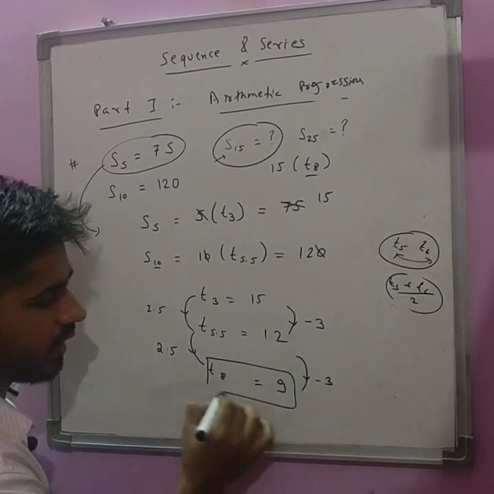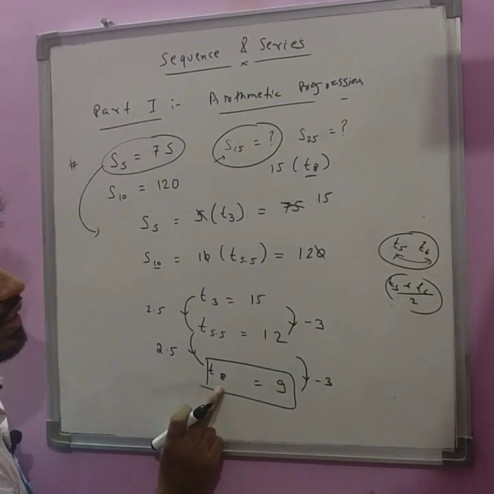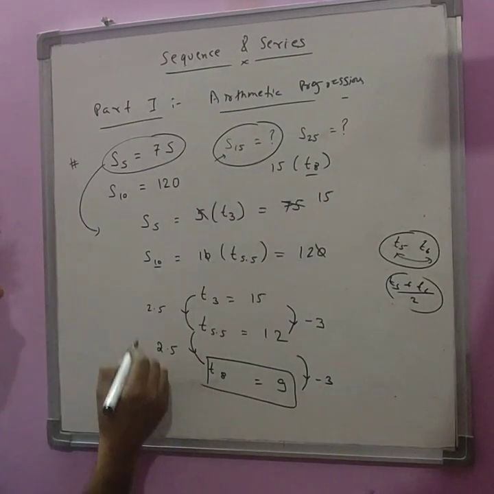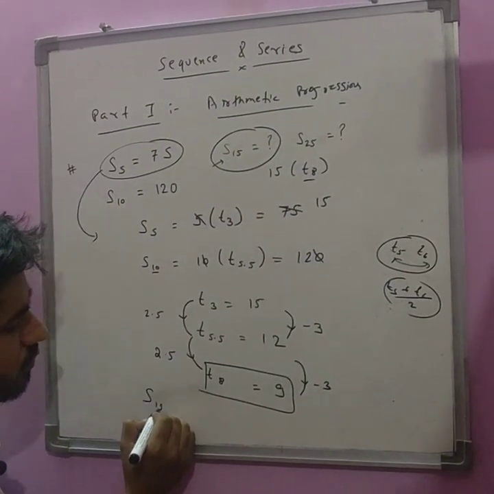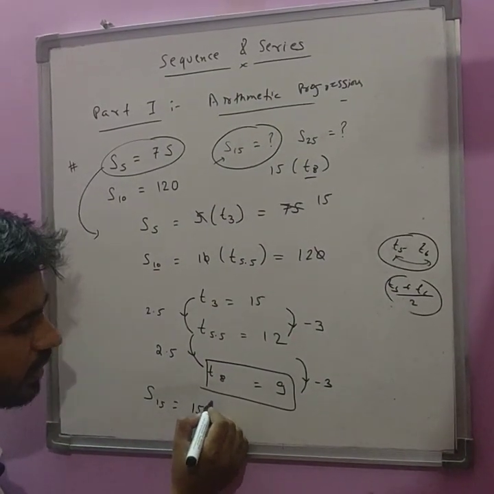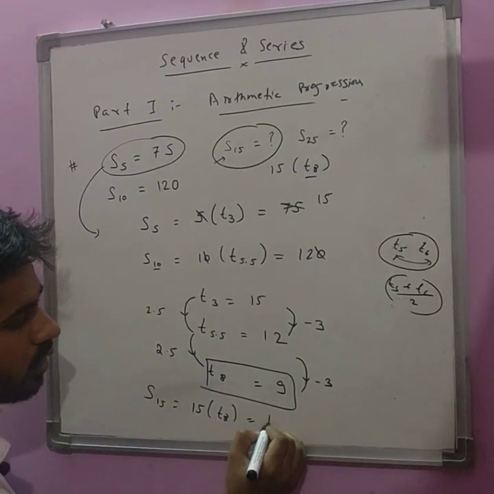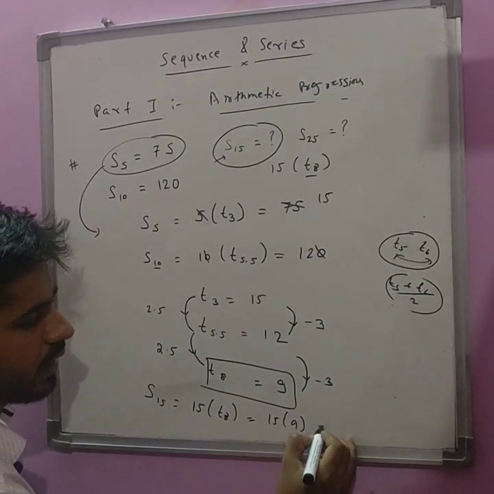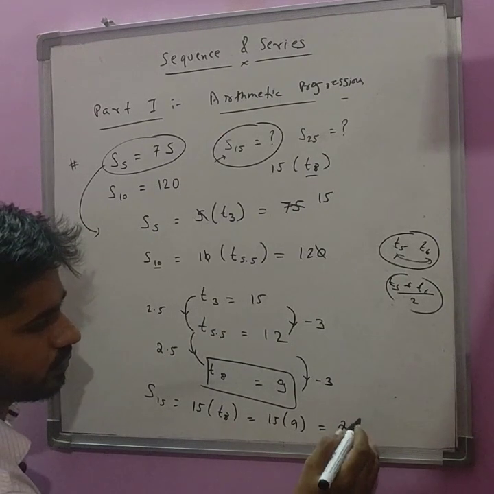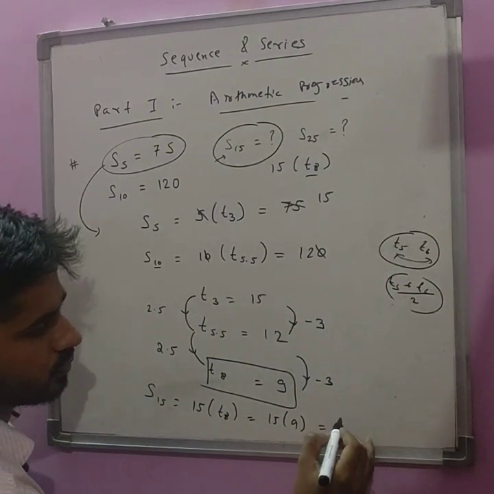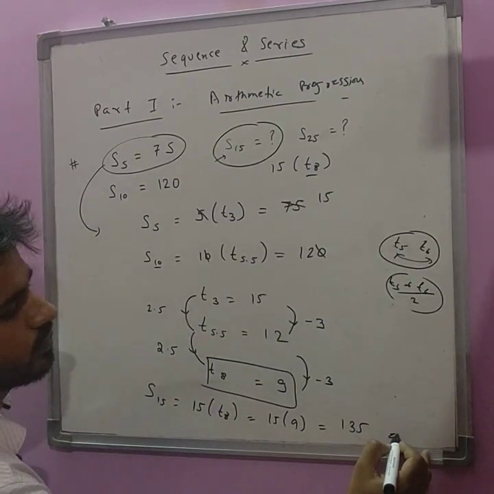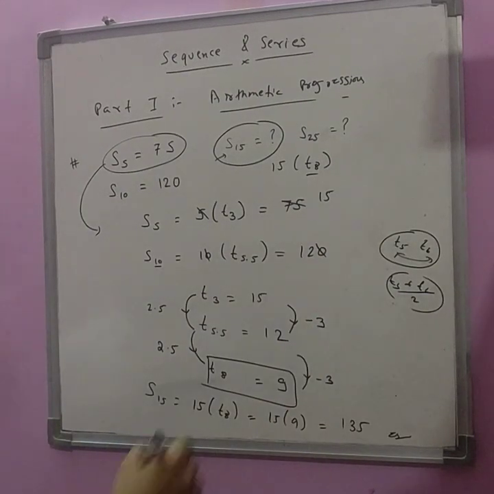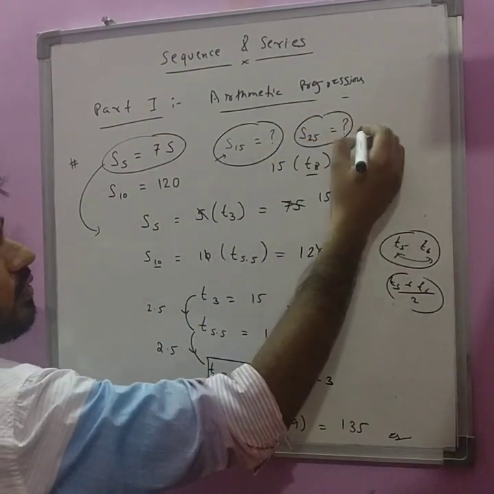So directly I determine the value of T8. So the sum would be 15 into my T8, or 15 into 9, which is 135, right? Similarly, I can conclude the value of S25.